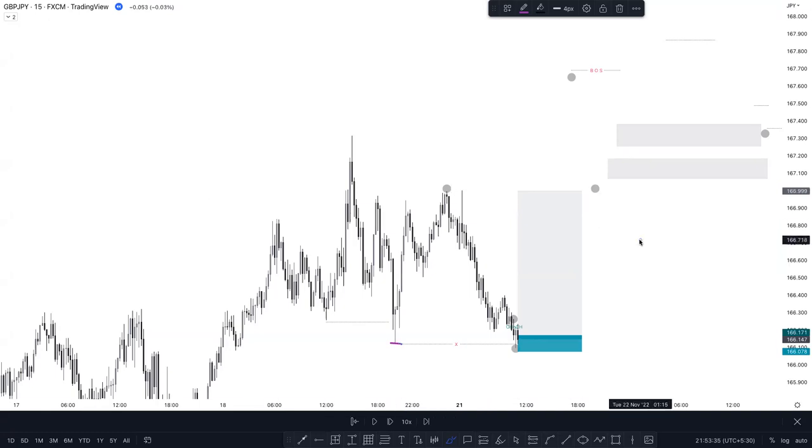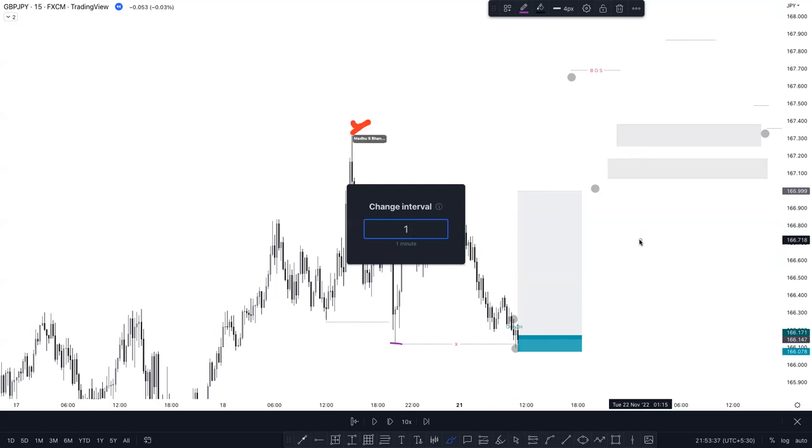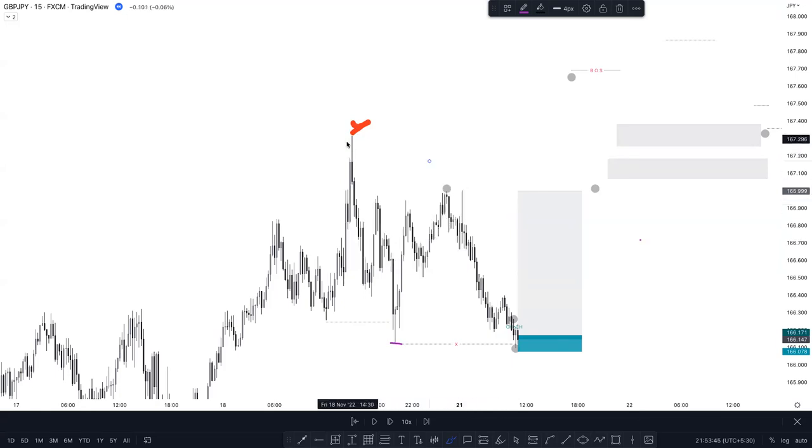Okay, and switch into the 1 minute structure. We cannot use those highs because this high is already broken by this low.